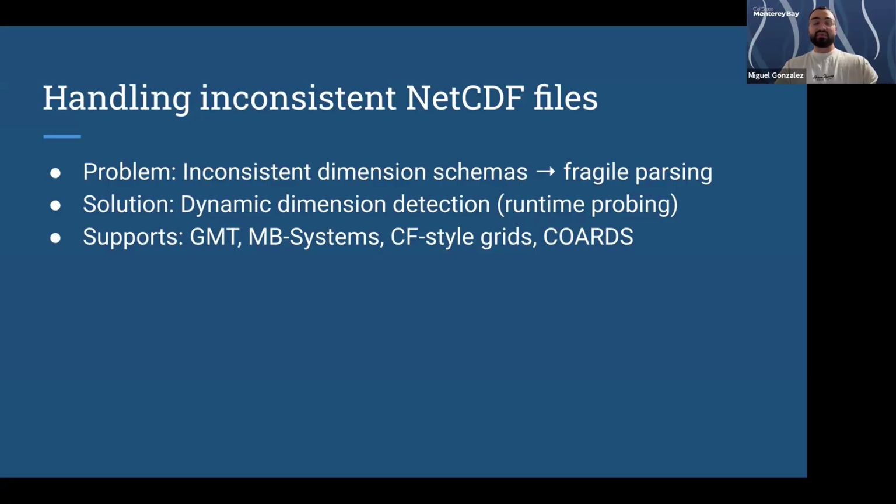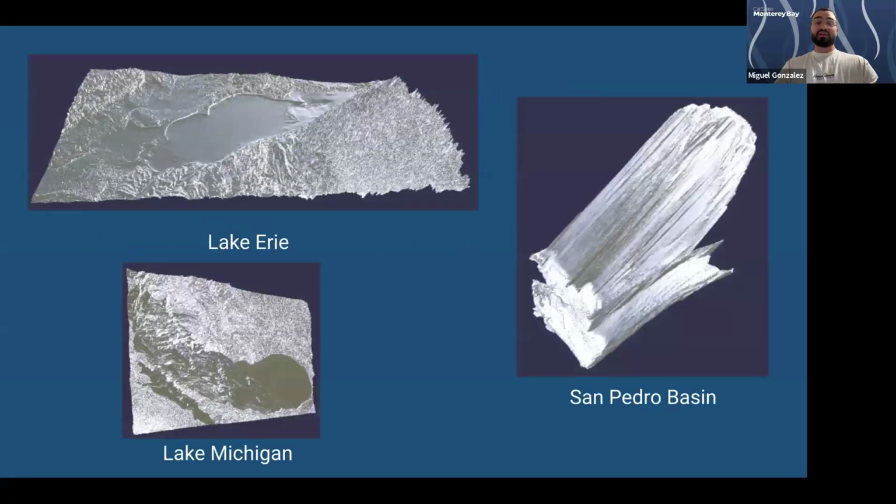This gives us a stable XY size, and it allows us to support GMT, MB systems, CF, and COARDS without any special cases. Fixing this stage is what prevents the malformed meshes we saw earlier, because when dimensions are correct, both Draco and the fallback encoders finally receive valid geometry. In that valid geometry, here we could see Lake Erie now being produced, Lake Michigan, along with San Pedro Basin.